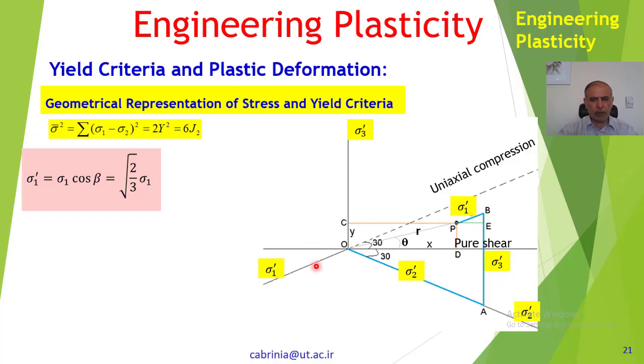If you remember, we said that the deviatoric plane is perpendicular to the hydrostatic stress axis, and we could project everything from the three-dimensional stress space into the deviatoric plane. So sigma 1 prime, sigma 2 prime, and sigma 3 prime are in fact the projected views of the stress axes in the three-dimensional space.